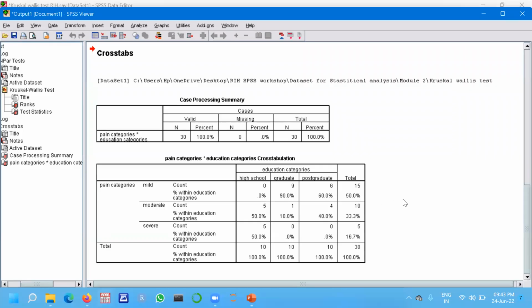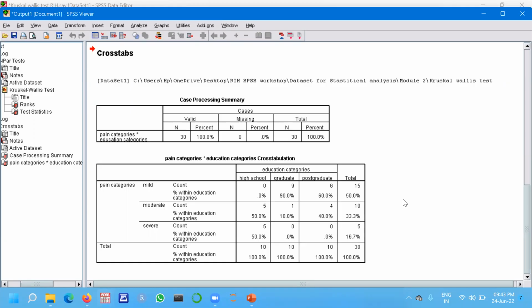So what is the interpretation? See, those who have postgraduate and graduate education level, they quickly learn the techniques of slow-paced breathing, and that is why severe pain was not there.